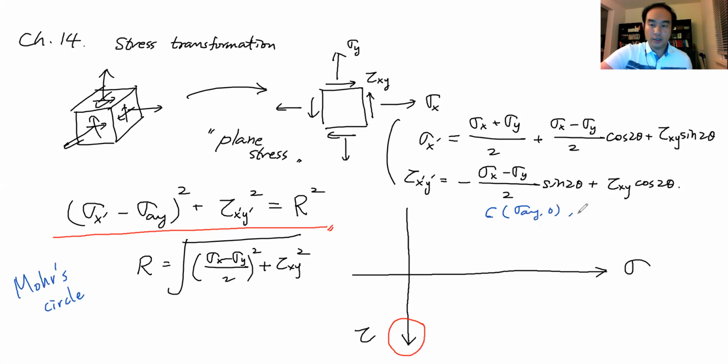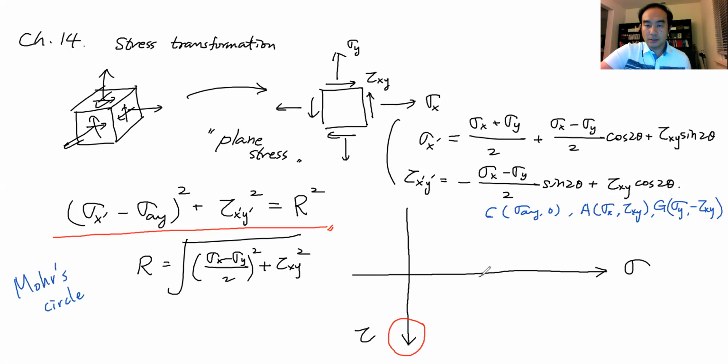The second point is A, whose coordinates are sigma x, comma tau xy. The third point is G: sigma y, comma negative tau xy. So you first have to pick and plot these three points.